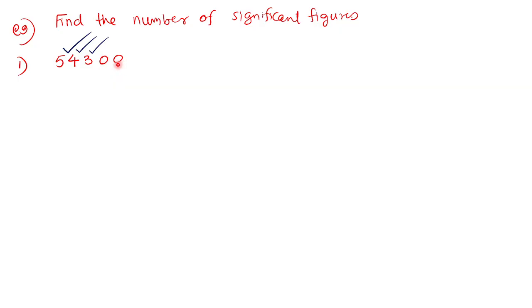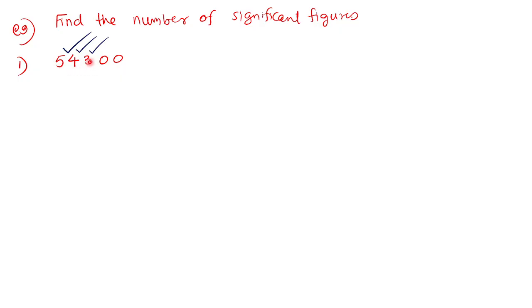These are not middle zeros. Is it a trailing 0? No. Trailing 0 means the zeros at the end, but only after the decimal point. Where is the decimal point?